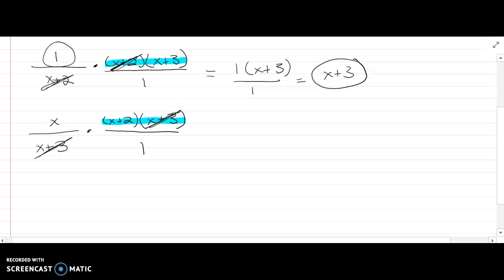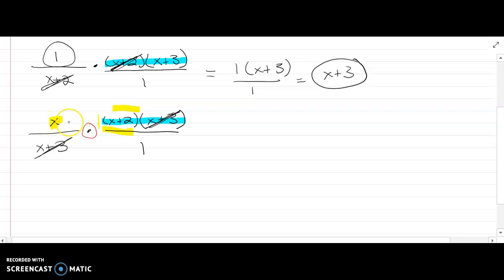Now here we have to be very careful with what's left over. Well, we have this x left over, and we have this x plus 2 left over. So while we're multiplying, we have to continue to multiply.